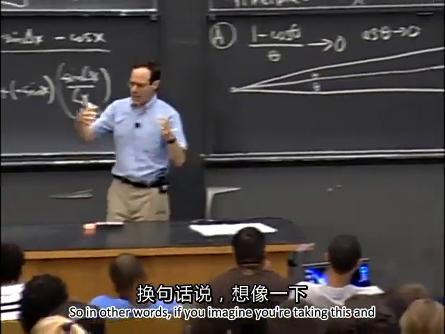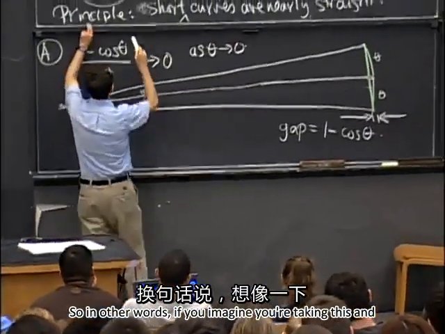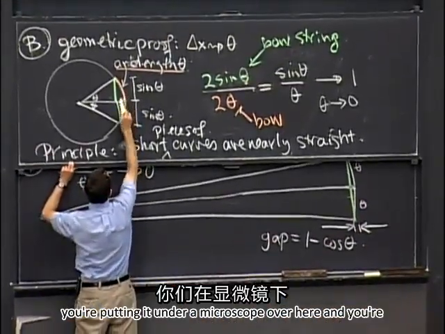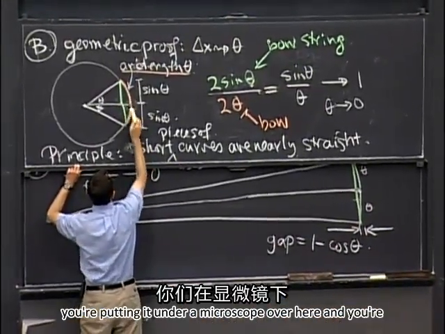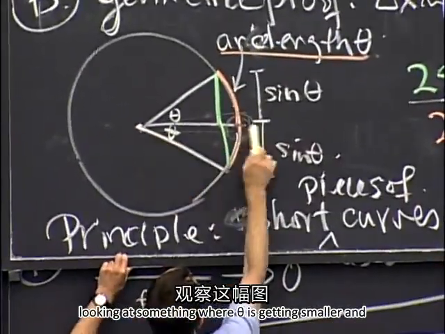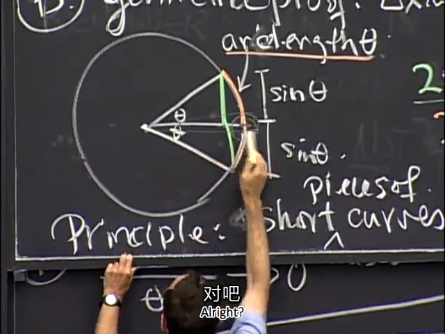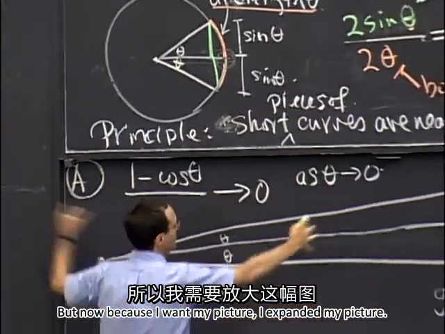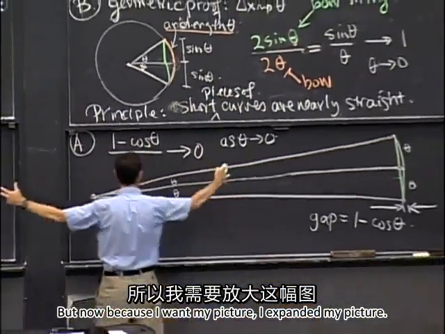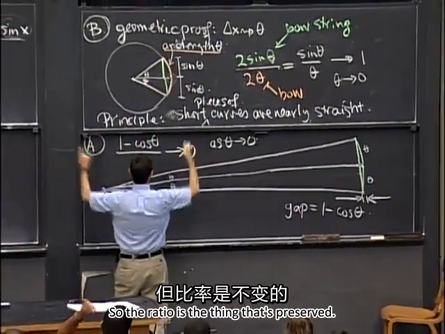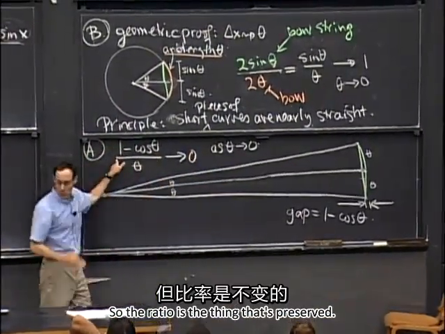So in other words, imagine you're taking this and putting it under a microscope over here, and you're looking at something where theta is getting smaller and smaller. All right? But now, because I want my picture, I expanded my picture. So the ratio is the thing that's preserved.